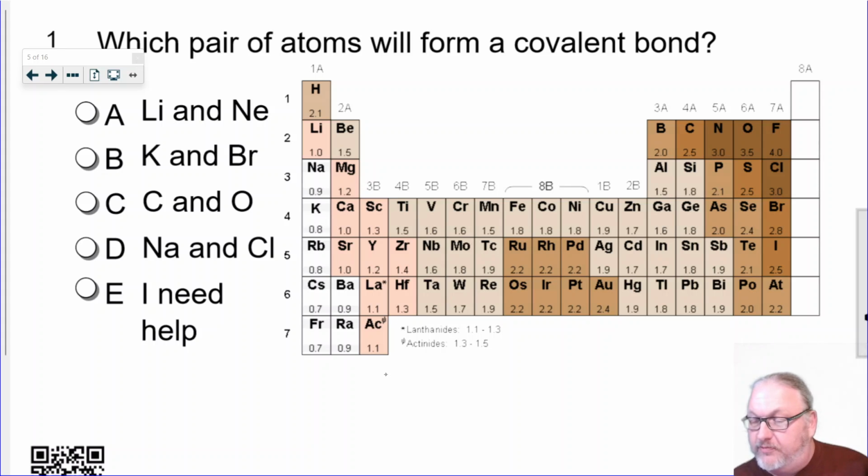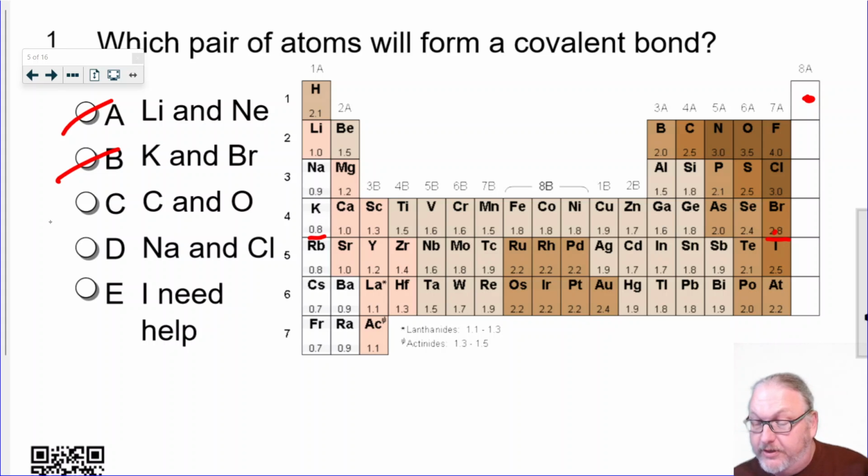Now let's answer some questions. Which of these will form a covalent bond? We're looking for something with an electronegativity difference lower than 1.7. If I've got lithium and neon, well, neon doesn't want to form a bond with anything. K, Br, 2.8 minus 0.8, nah, not that one. Carbon and oxygen, that's a 1.